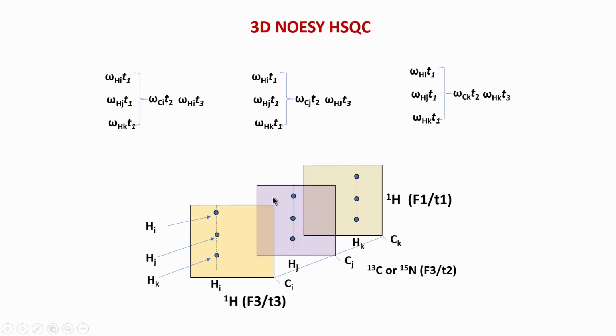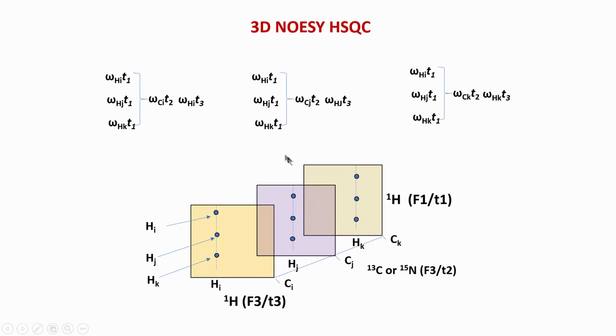We are now in this part of the course where we are looking at 3D NOESY HSQC, and we started looking at how the correlations are obtained in the last class. So you can see here this is typically how the spectrum is shown. Here you can see these are the different correlations that we obtain in the NOESY. This is along the T1 dimension, which is basically the vertical dimension shown here.